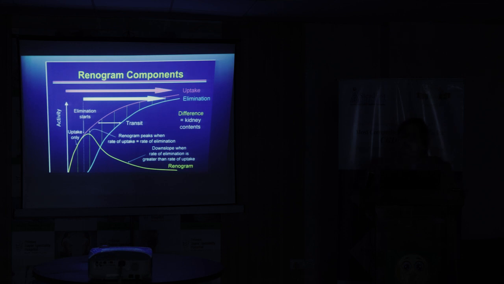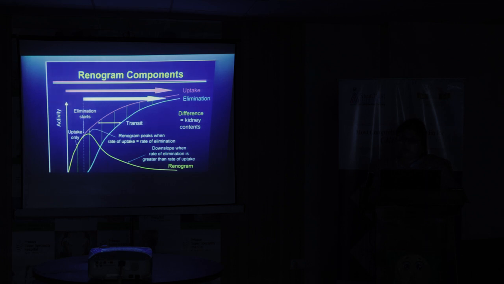So the renogram curve shows an upgoing piece. In kidneys where excretion happens, slowly the renogram curve goes down. This yellow one is a normal renogram curve. You have the first peak uptake by about 3 minutes. By 3 to 5 minutes is your excretion, and by about 20 minutes into the study, at least 50% of your tracer has already been excreted from the kidney, and you've almost reached baseline by the end of the renogram.